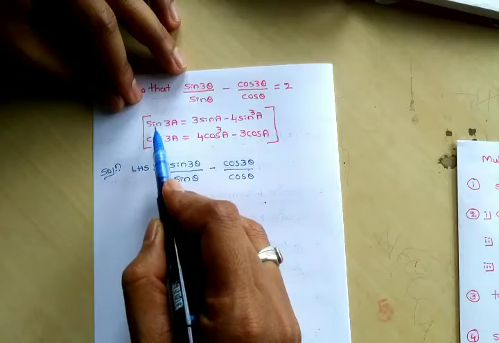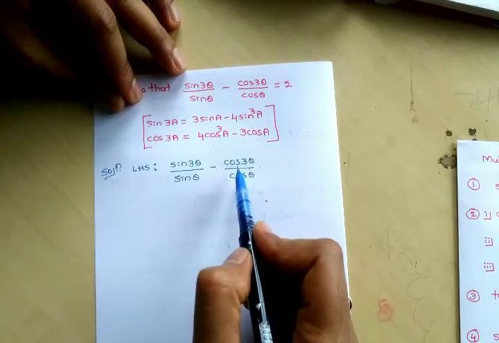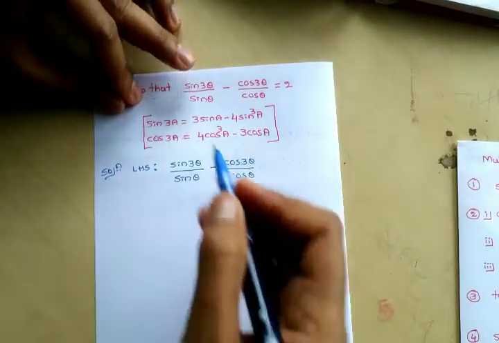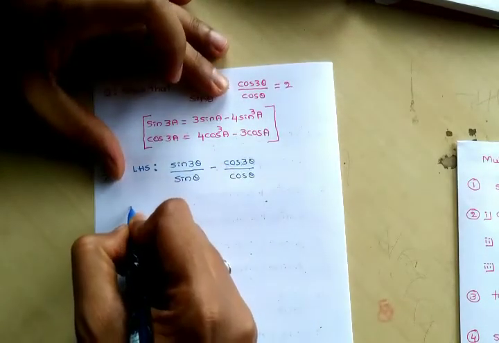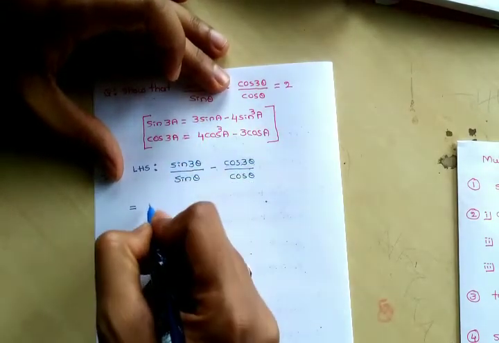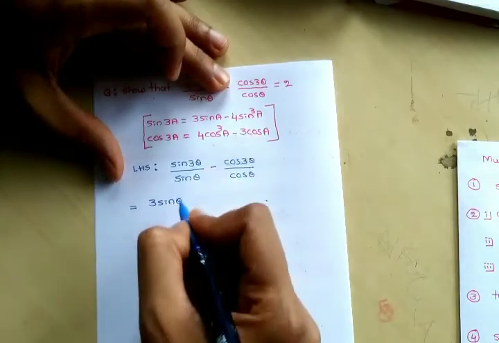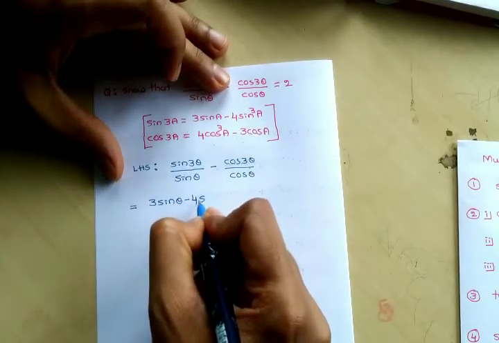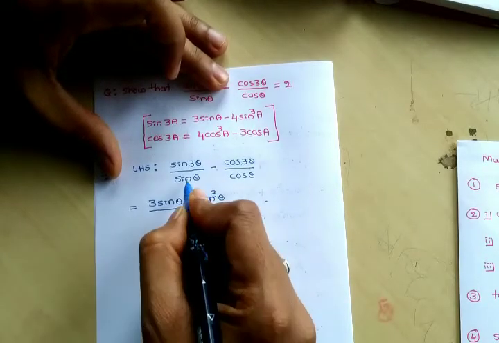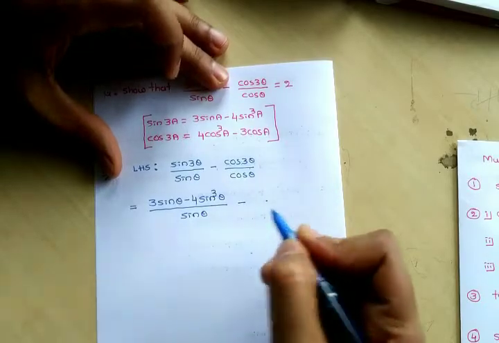So first I am going to apply the sin 3 theta formula, this one, and here I am going to apply the cos 3 theta formula. Sin 3 theta is 3 sin theta minus 4 sin cube theta, divided by sin theta. I am going to keep it as it is in the denominator. Middle negative sign.